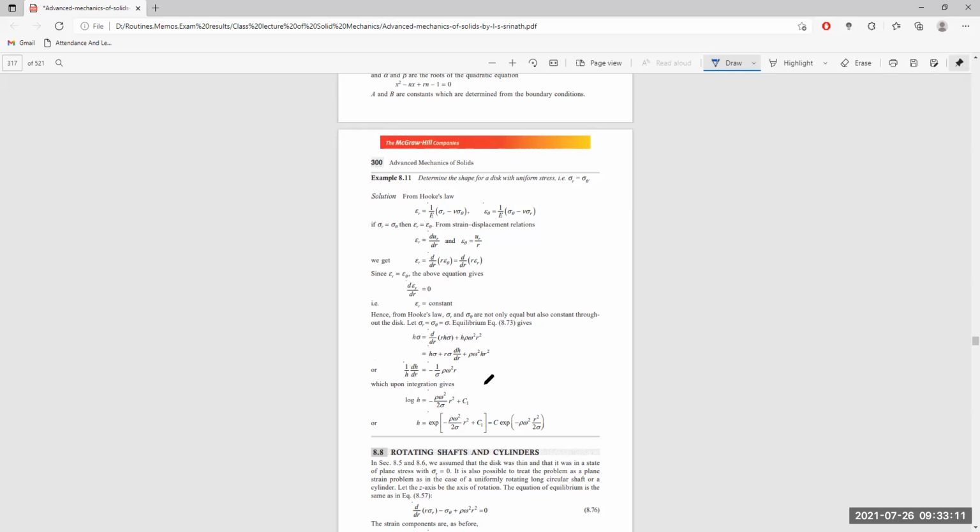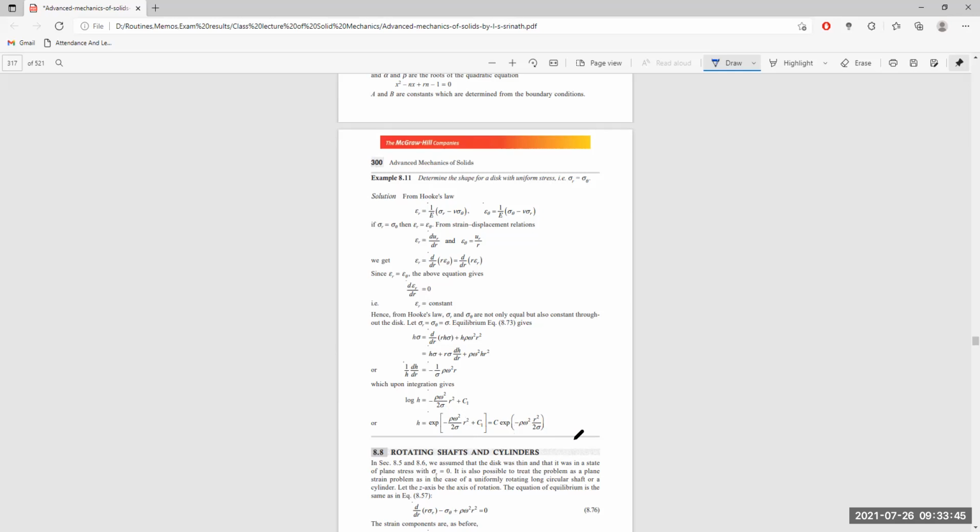Upon integration, what will happen? The log h minus rho omega square by 2 sigma multiplied by r square, plus C1. So h is equal to exponential of rho omega square by 2 sigma r square plus C1, which is C exponential of minus rho omega square r square by 2 sigma itself.